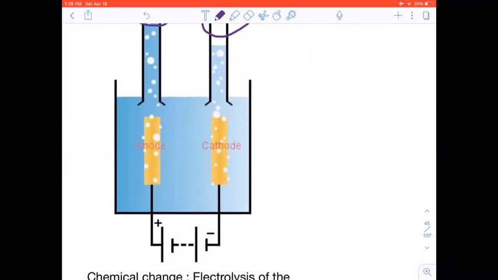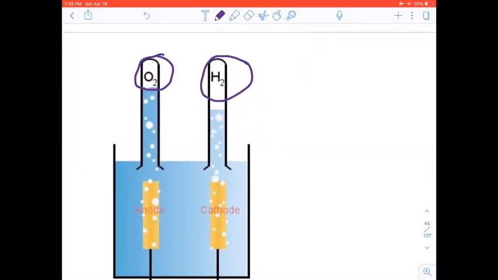And energy is being supplied, the water is being electrolyzed, and you get hydrogen and oxygen. You'll also notice that in terms of the gas that's in here, the volume of the hydrogen gas is twice that of the oxygen.